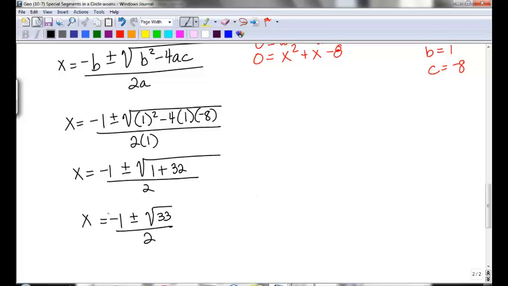Now when you do this on the calculator, you got to make sure you have parentheses around this. The easiest way on the calculator is just do the parentheses, do a negative 1 plus the square root of 33, close the parentheses, divided by 2. Okay?